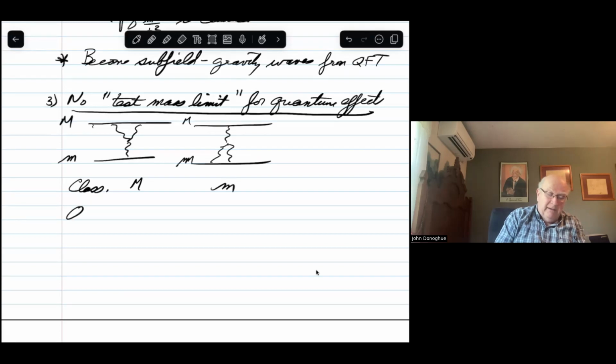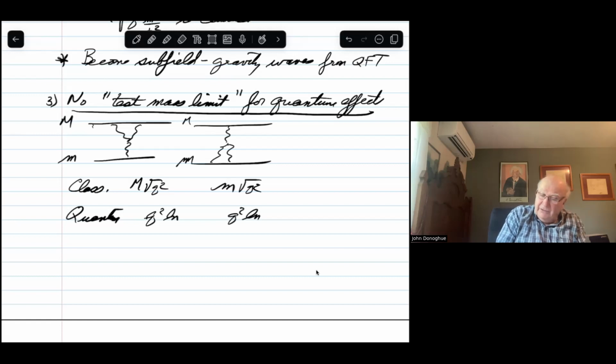Quantum mechanically, this goes like square root of q squared, this goes like q squared log, and this goes like q squared log. They're identical. You can't neglect the quantum corrections.